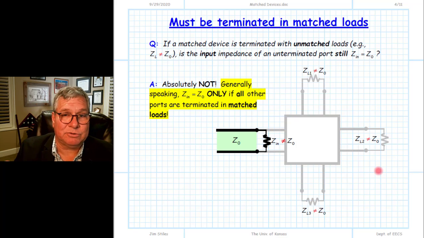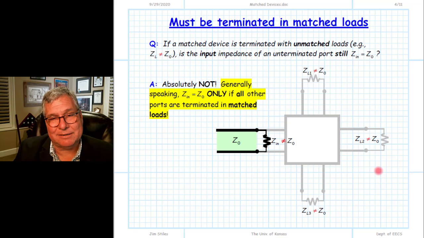And likewise, that's true regardless of the length of the transmission line. So the length of a transmission line is a matched 2-port device. It will present input or output impedances numerically equal to Z0, provided that you connect a device that is likewise matched at the other end.